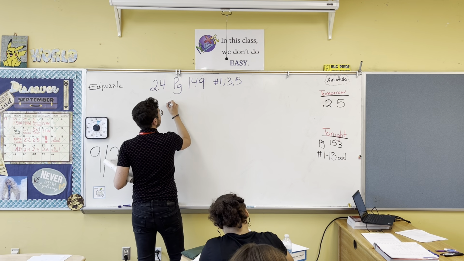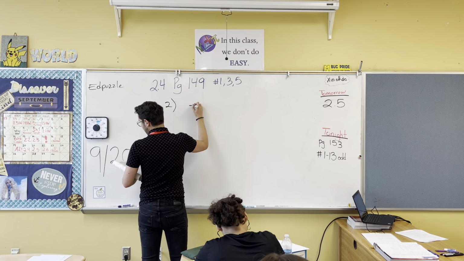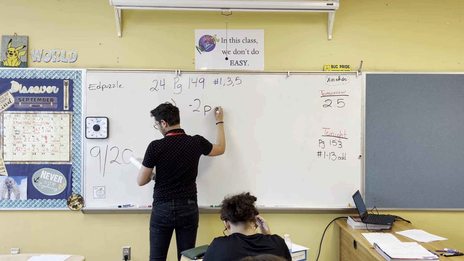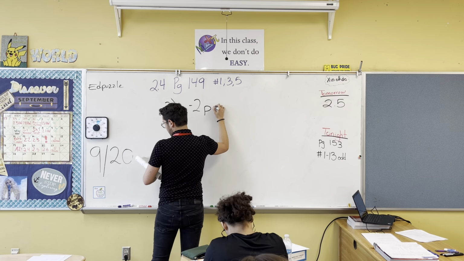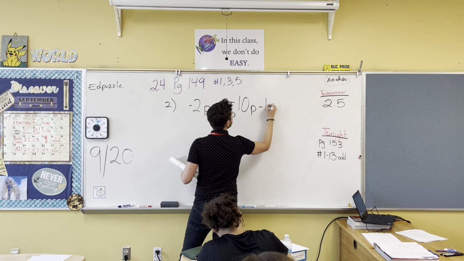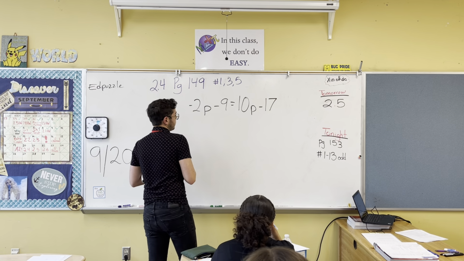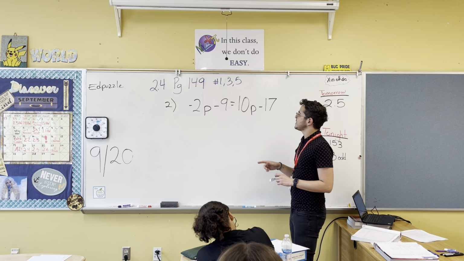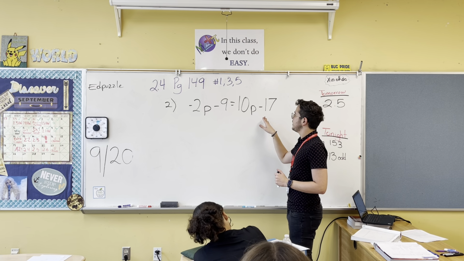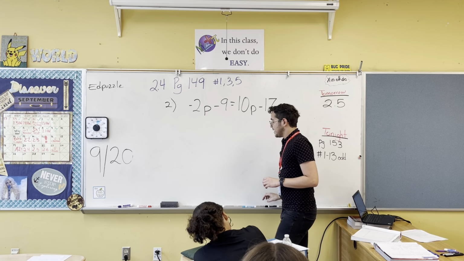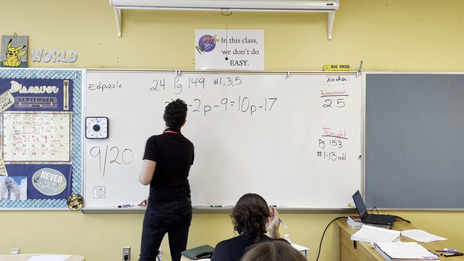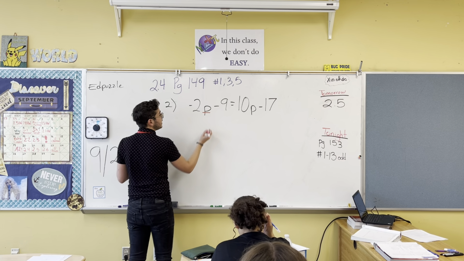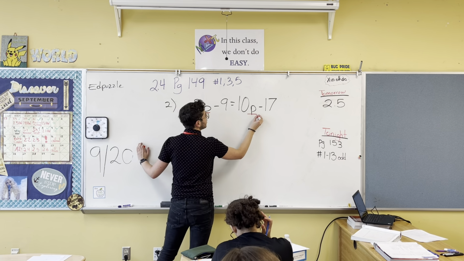We have number 2, negative 2p minus 9 is equal to 10p minus 17. Now again here we have the phenomenon of having a variable here and a variable here with our equal sign right here.